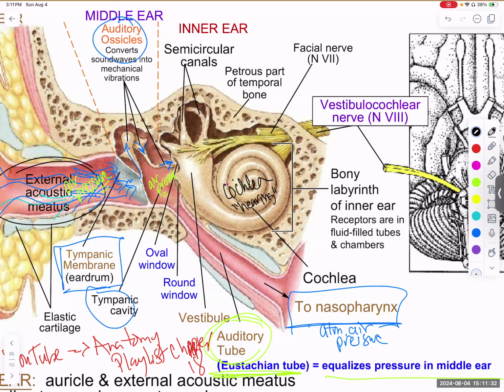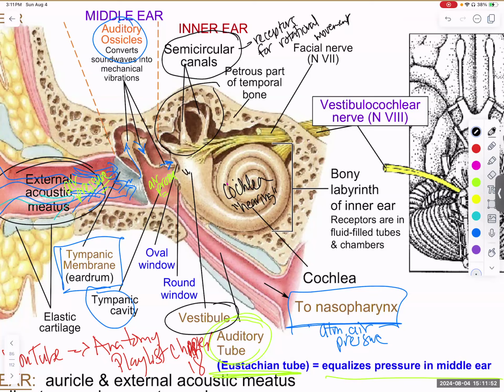You also, in your inner ear, have the semicircular canals, and these have the receptors for rotational movements. You also have the vestibule, which is the utricle and saccule.